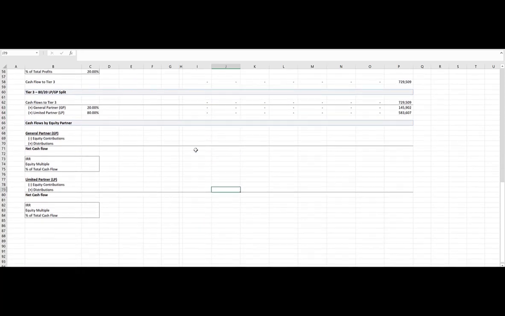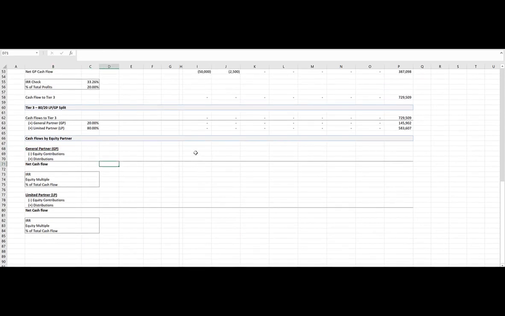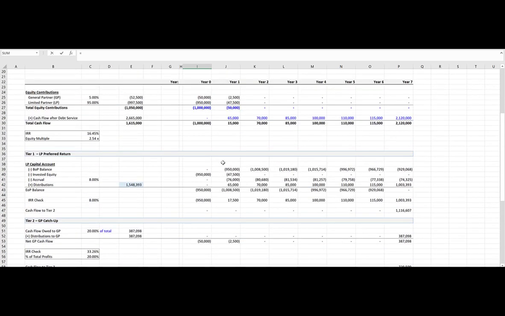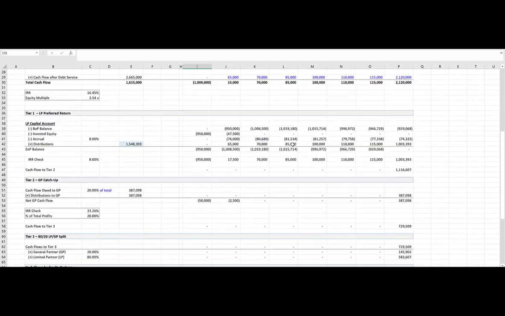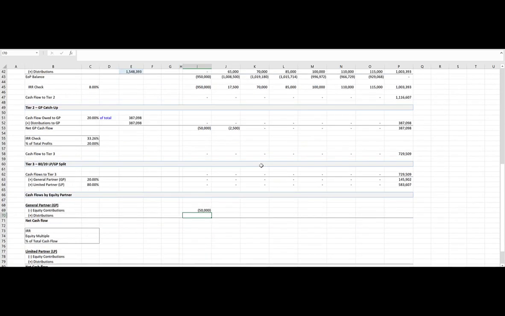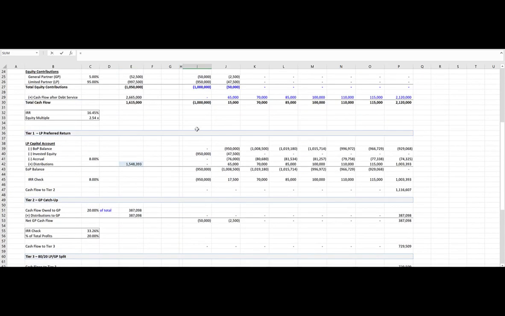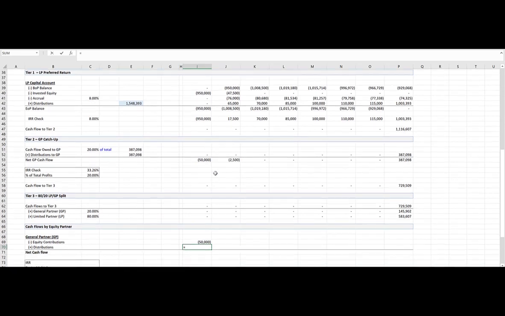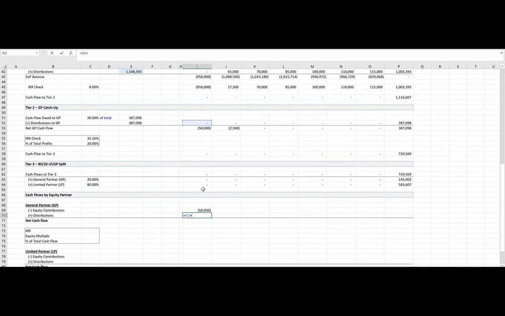Now we're going to have the cash flows by equity partner for the entire deal, and we're going to check everything. So our equity contributions for the GP, let's go up top. And then our distributions, well, there was nothing in Tier 1, right? There was only Tier 2 distributions plus Tier 3 distributions to the GP. And we take the sum of that.